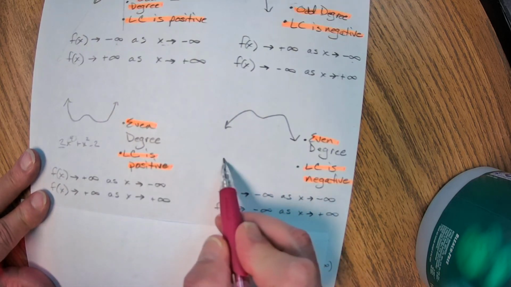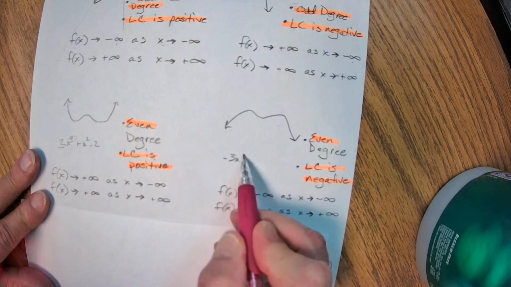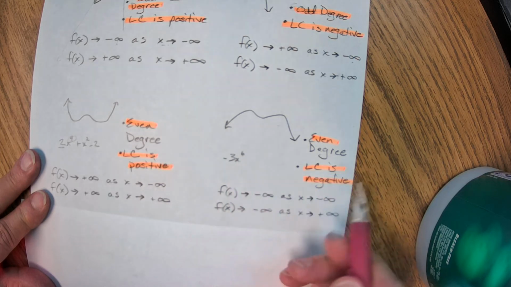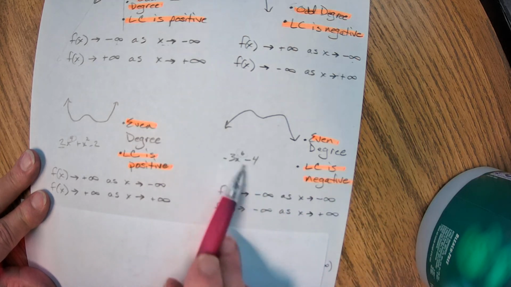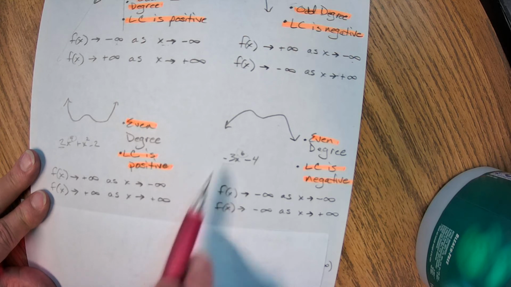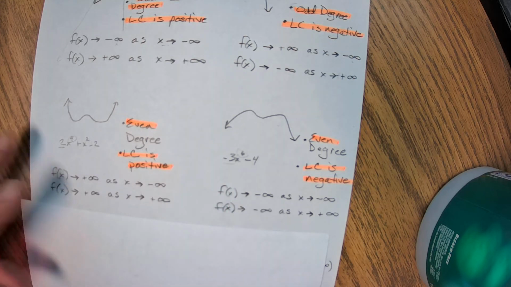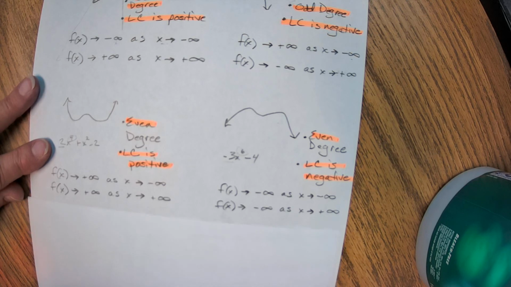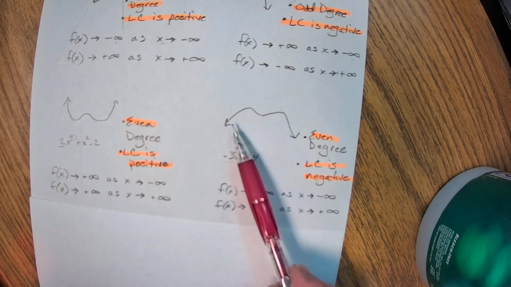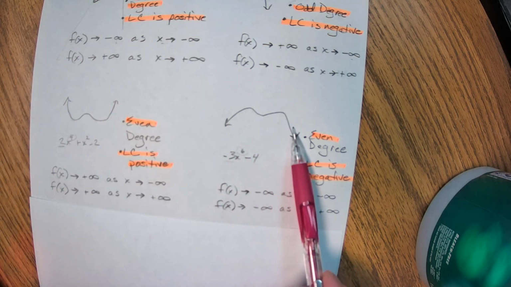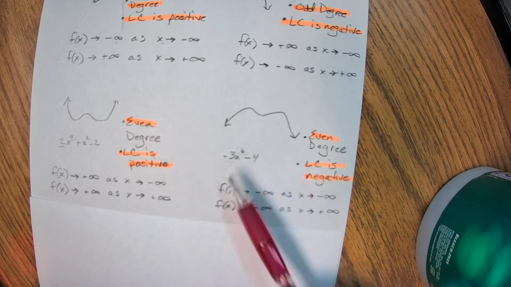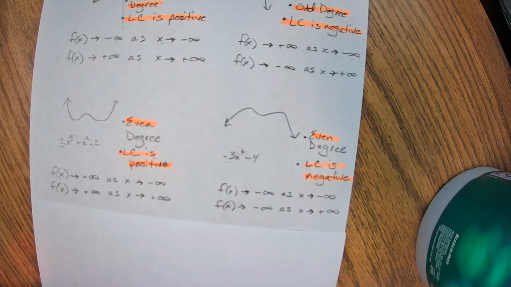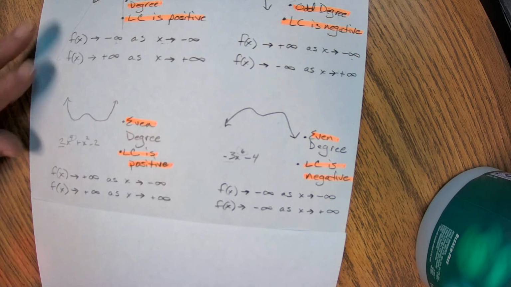This one could be negative 3x to the 6th minus 4. It has an even degree, and the leading coefficient is negative. In class, we're going to talk about how to determine how many times this thing changes directions based on the degree of the function, but we're not ready for that section yet.